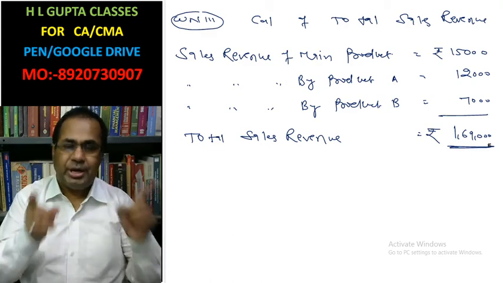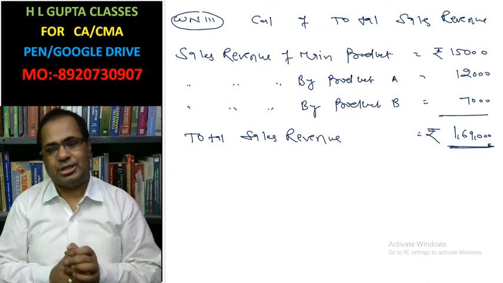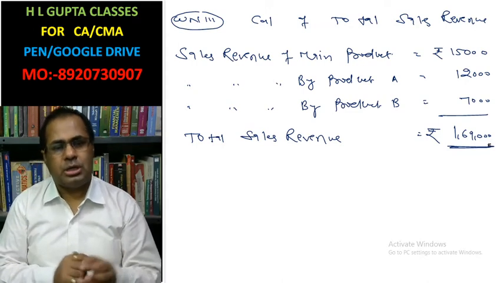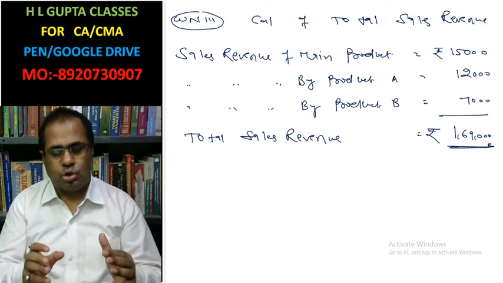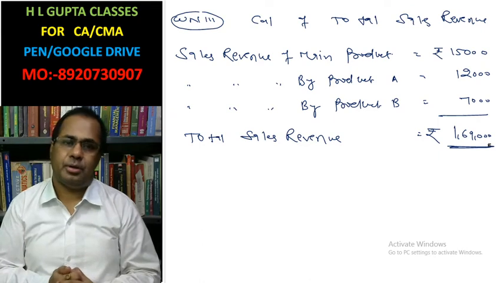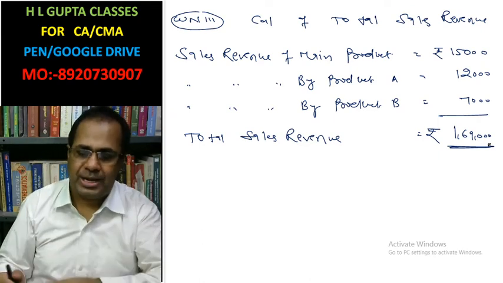Then for calculating selling expenses, what we calculate is total sales revenue minus total cost except selling expenses minus total profit. Okay, now working note, I am going to calculate here.